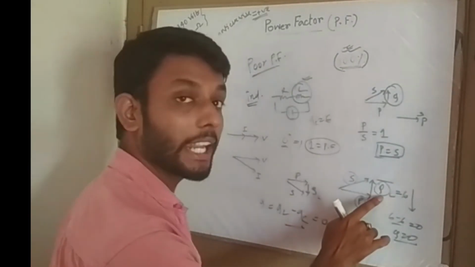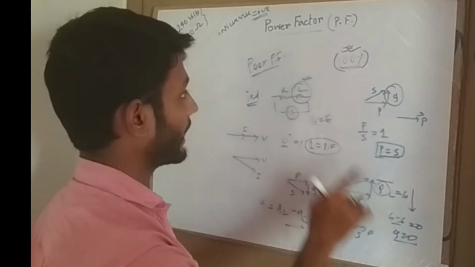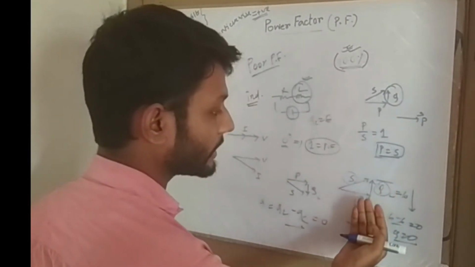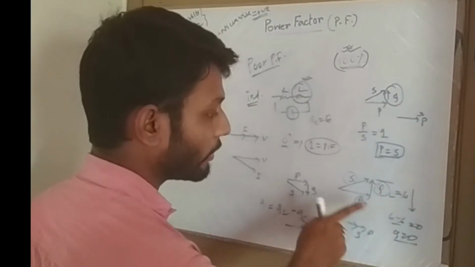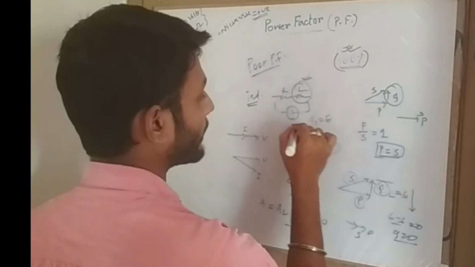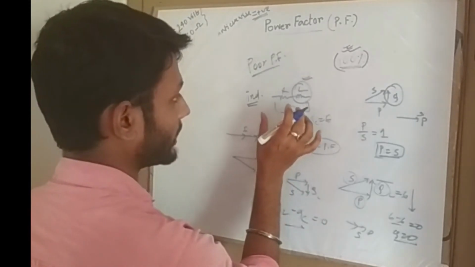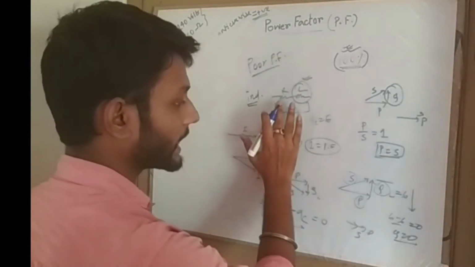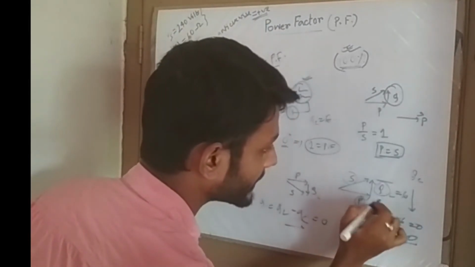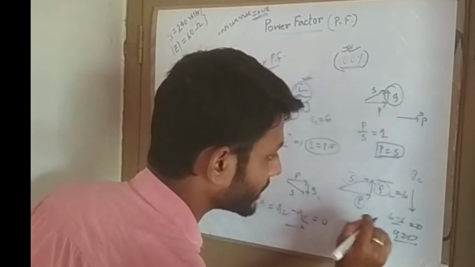We cannot neglect this Q value, as the load in general is inductive in nature. So the power triangle in general will be like this. But what we can do is, we can put a capacitor across this load circuit, so that overall QC can bring this QL value downward.